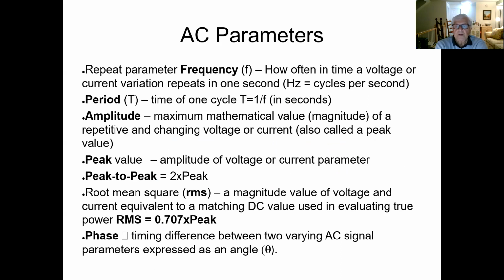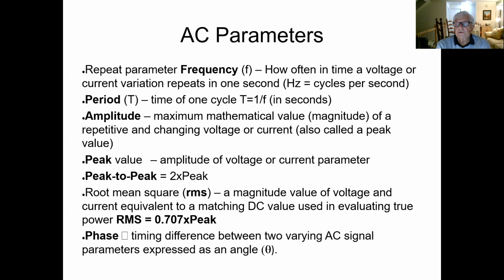It's given in hertz, Hz, which is also known as cycles per second. The reciprocal of that is the period, which is the time of 1 cycle. If you knew the frequency, you just take its reciprocal to get the period. If you knew the period, you take the reciprocal of the period to get the frequency, okay?